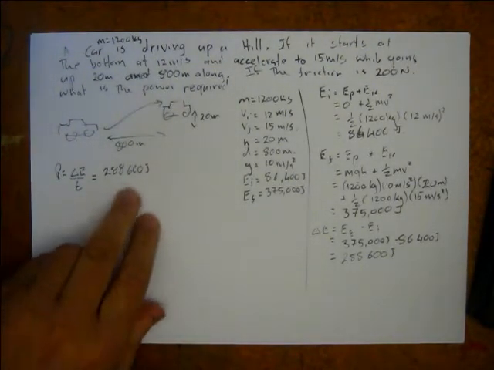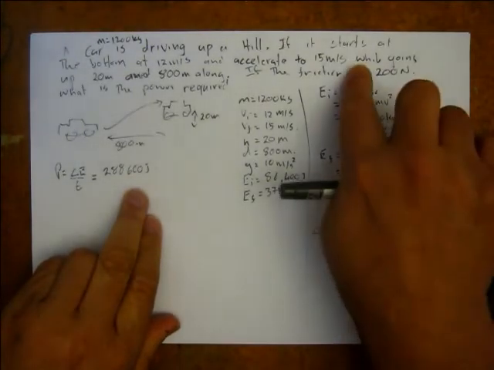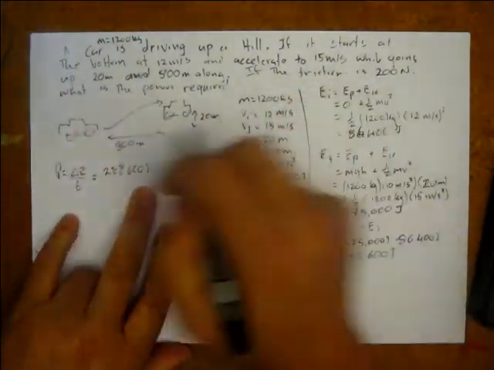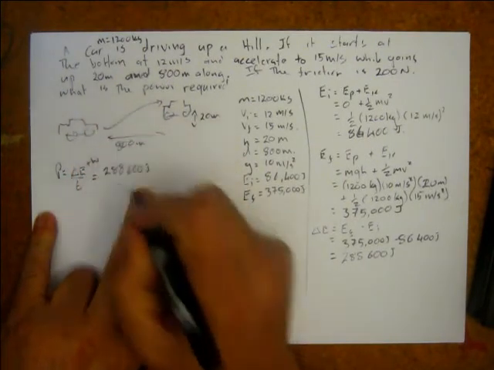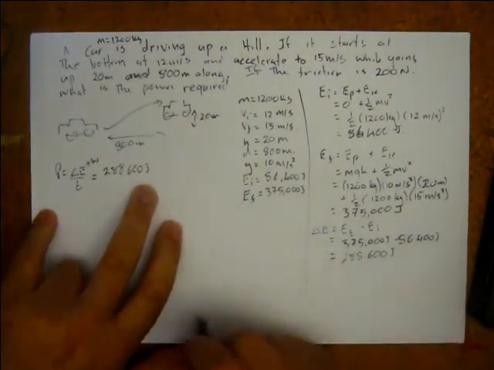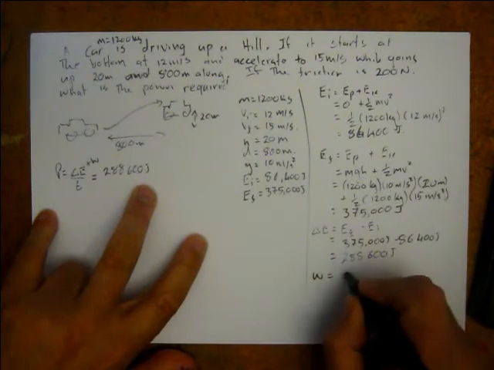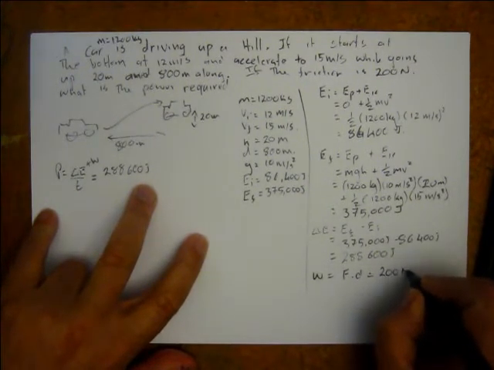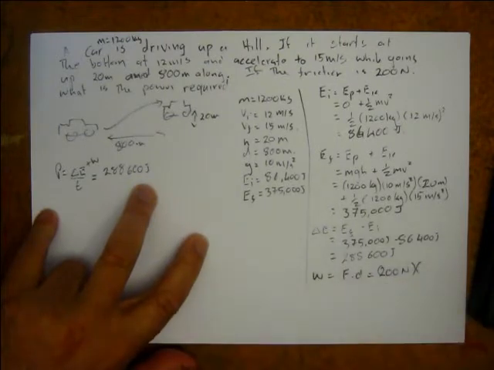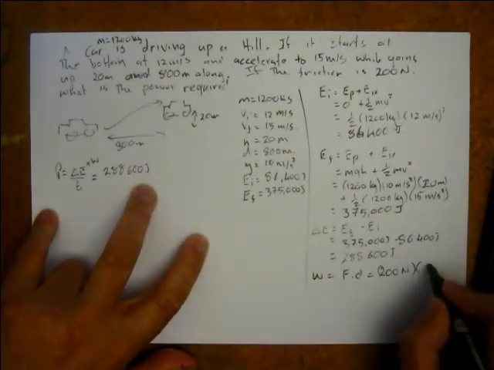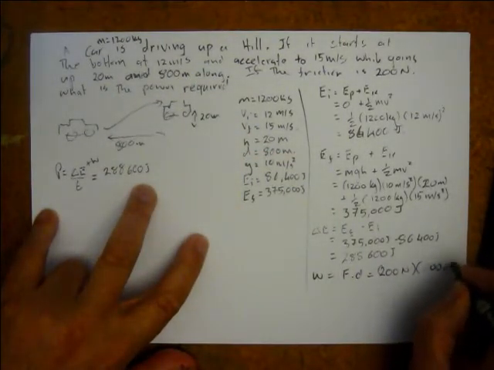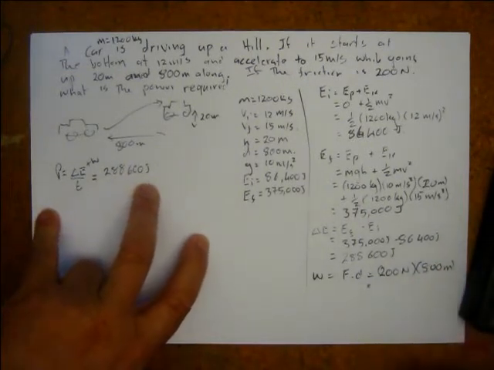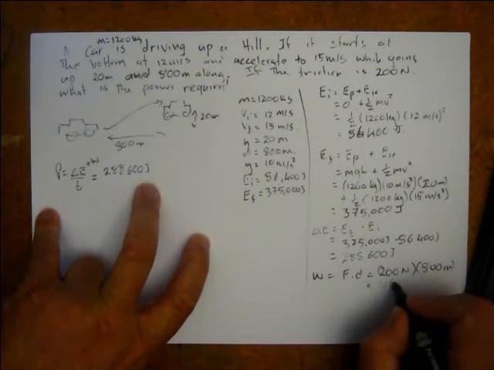You think about it. This is just the change of energy, but there was also work done due to friction. So the work is equal to force times distance, which is equal to 200 newtons times 800 meters, which is 160,000 joules.